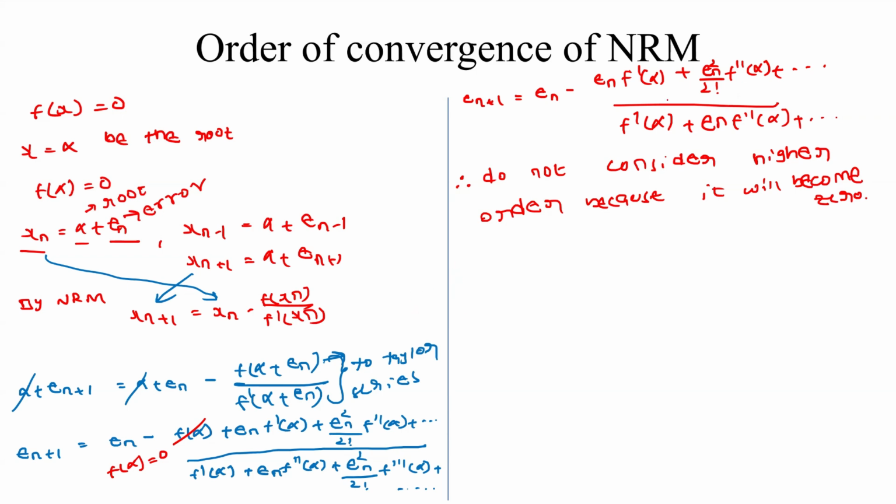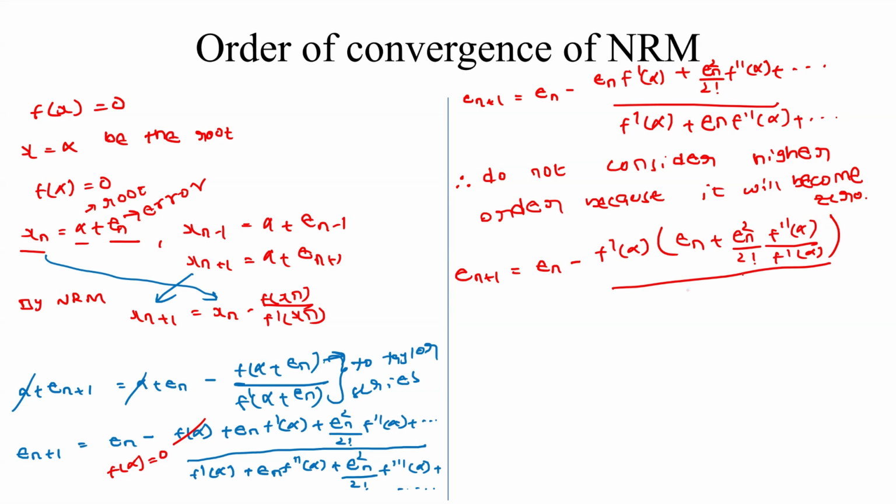Next, take f dash of alpha as common. Here en plus 1 is equal to en minus f dash of alpha into en plus e square n by 2 factorial into f double dash of alpha by f dash of alpha.